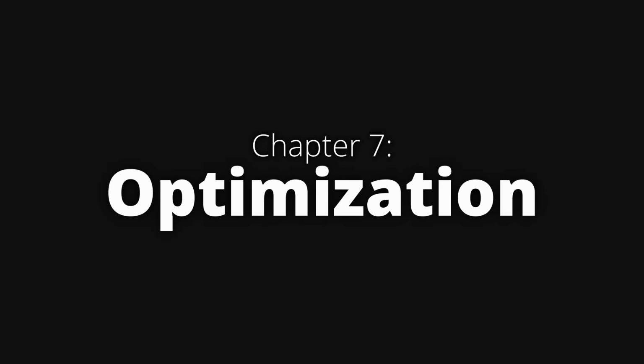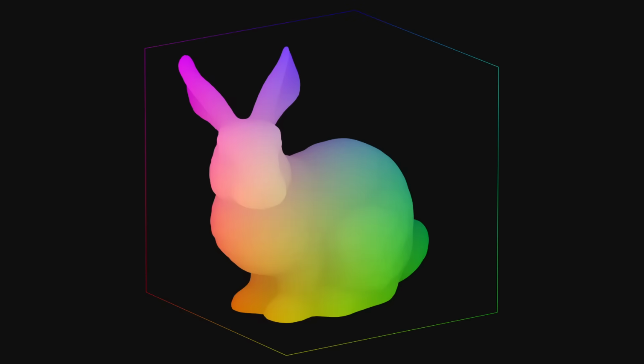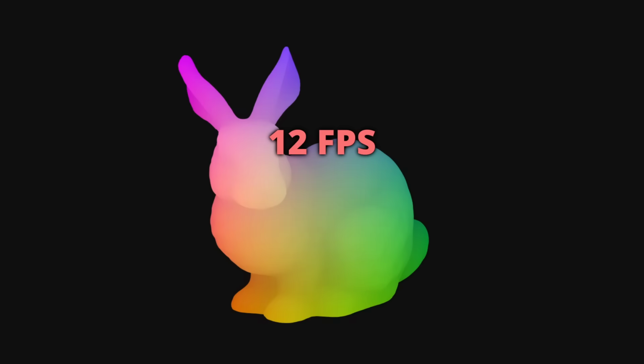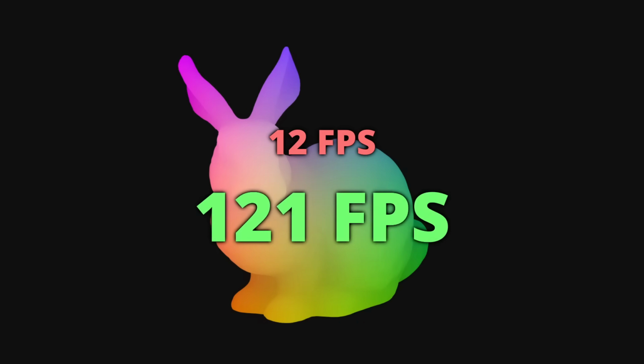Now it's time for that one optimization that I alluded to at the start of the video. Currently, at a grid resolution of 2048 cubed and a screen resolution of 1000 by 1000, we're getting about 12 FPS. After this optimization, we'll hit roughly 121 FPS, which is a 10x speedup.